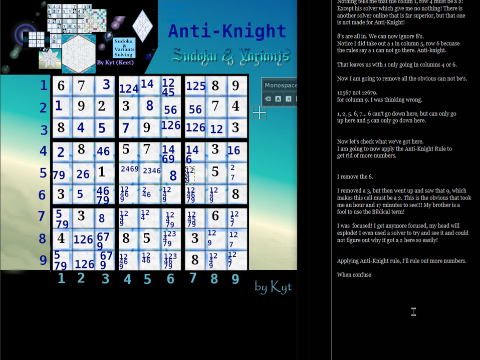When confused, I'll look at a cell of plausible numbers and then work backwards to see what night it might run into.